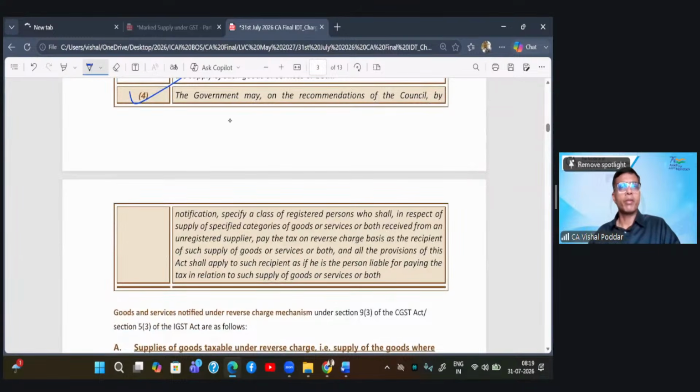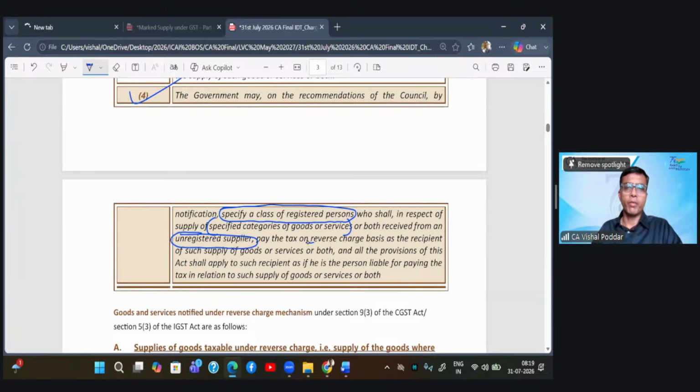Similarly, 9(4) and 5(4) are copy paste. What it says, the government may, on recommendation of the council, by notification, specify again a class of registered person. So here, this is what is to be seen, where the recipient is a registered person, supplier is an unregistered person, again on some specified categories of supply, which list is notified in the notification.